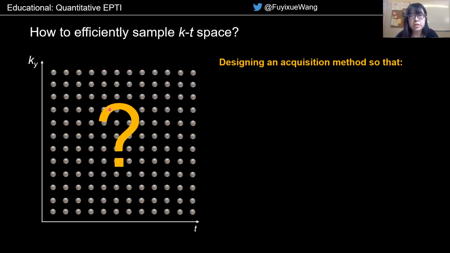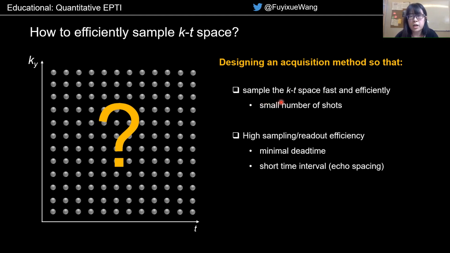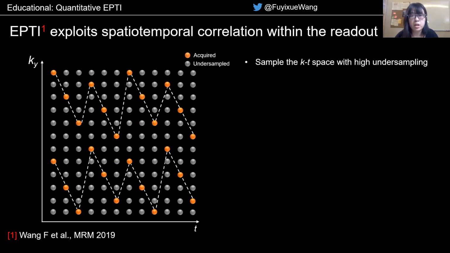So how to efficiently sample the KT space? We want to design an acquisition method that can sample the KT space fast and efficiently using a small number of shots, and also preserve the high sampling and readout efficiency of EPI with minimal dead time and short time interval or echo spacing. And finally, we want to apply only small gradient blips to minimize the eddy current changes. So EPTI achieves all these by exploiting the spatiotemporal correlation within the readout.